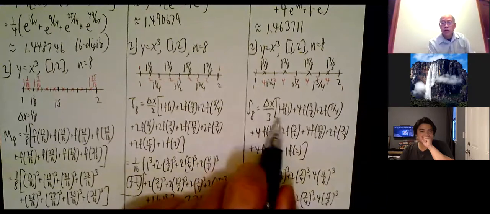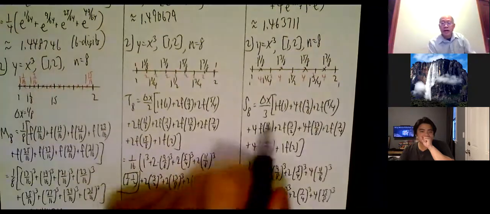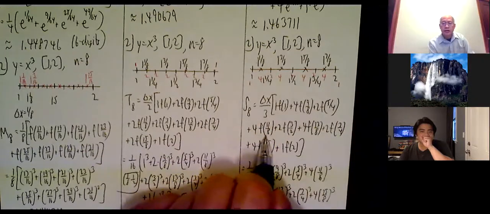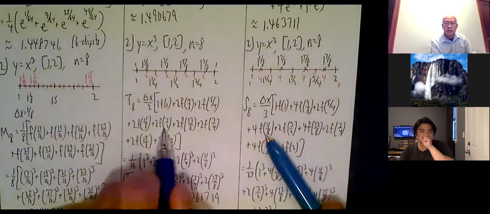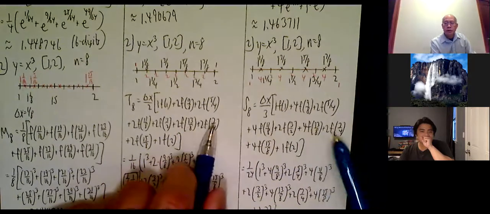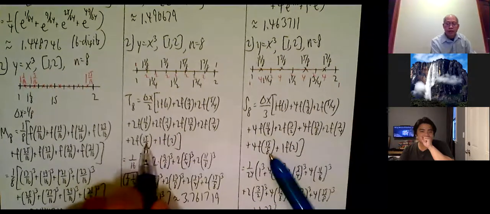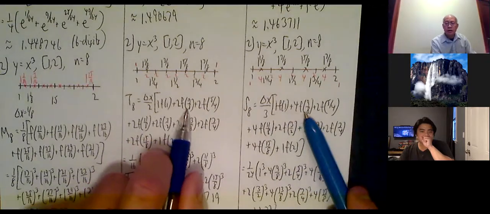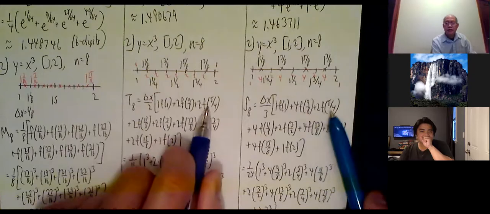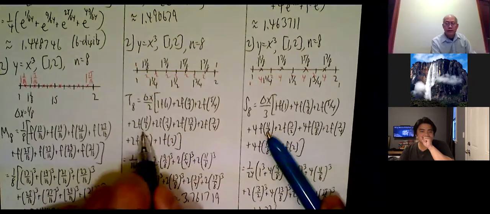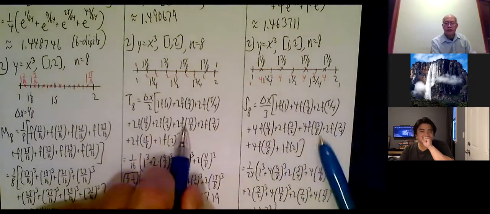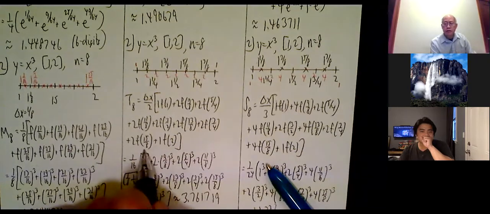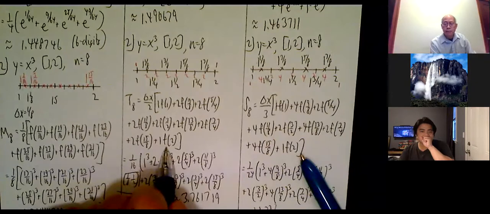Okay, so 1 times f of 1. And now you have the same function values at 9/8, 5/4, 11/8, 3/2, same as these, then 13 over 8, 7 over 4, 15 over 8, and 2. So these match: f of 1, f of 9/8, f of 5/4, f of 11/8, f of 3/2, f of 13 over 8, f of 7 over 4, f of 15 over 8, f of 2.